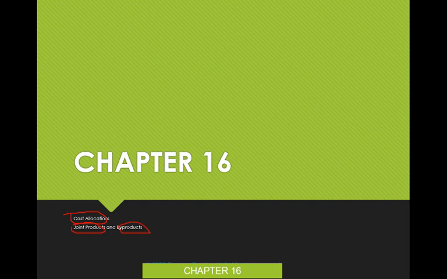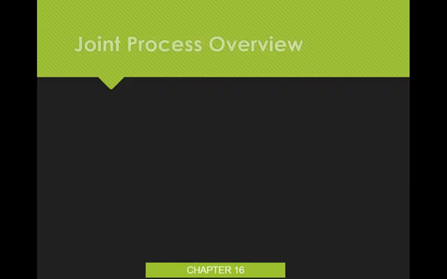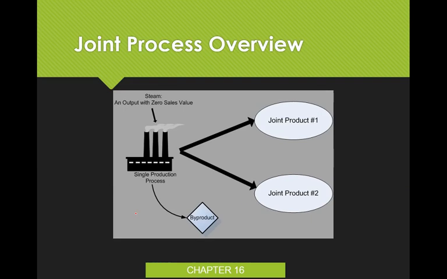Here is what we mean by joint product and byproduct. We will start with a famous example: oil refinement.